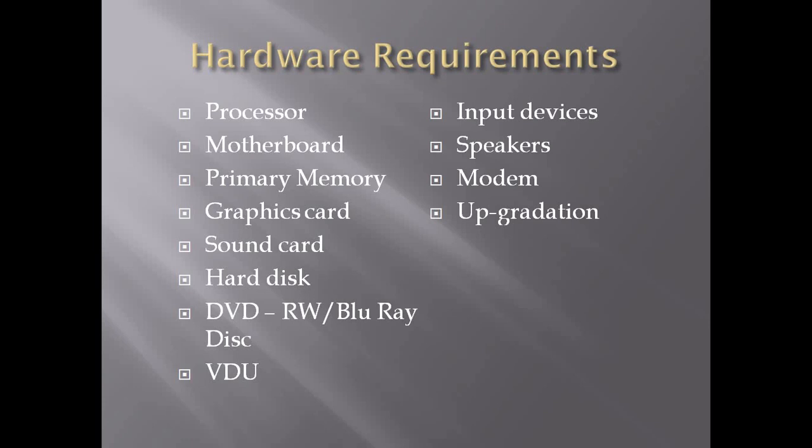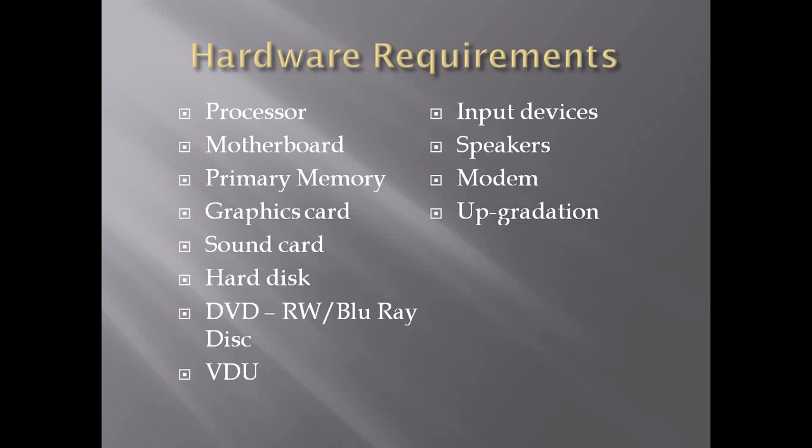These are the minimum hardware instruments that you should have to design a multimedia application. We should have a processor or a CPU of a certain brand and speed. We should have a motherboard within it.